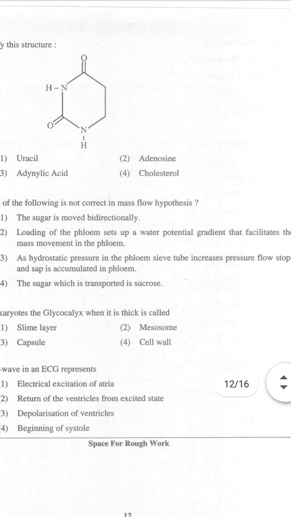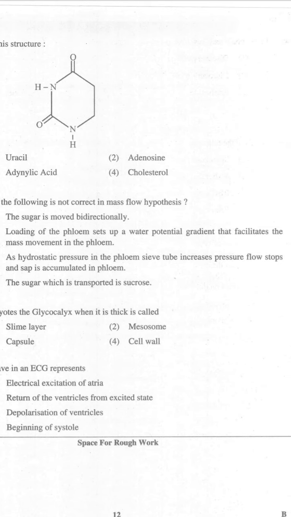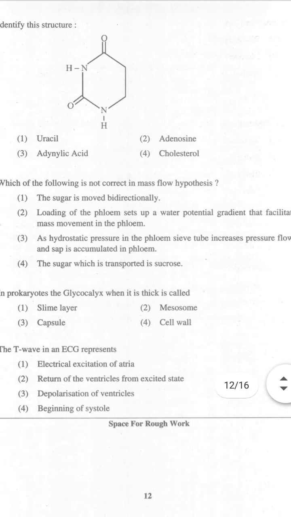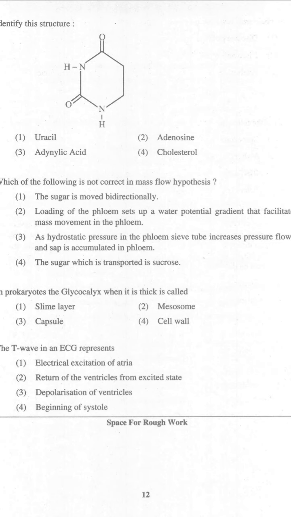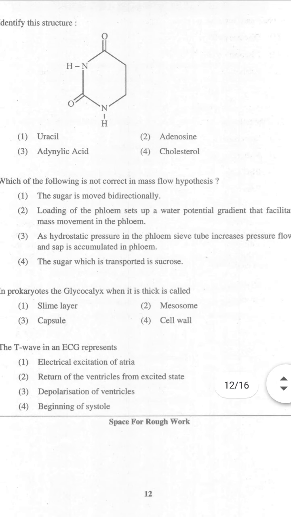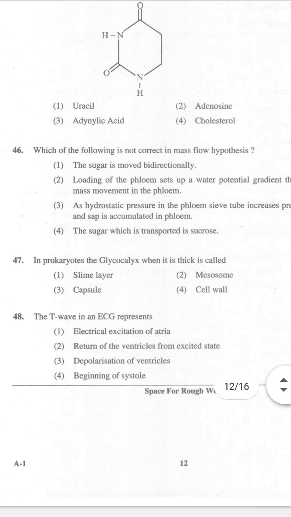Next, as hydrostatic pressure in the phloem sieve tube increases, pressure flow stops, and sap is accumulated in the phloem. Option 4, the sugar which is transported is sucrose. So the correct answer for this question is option 3.